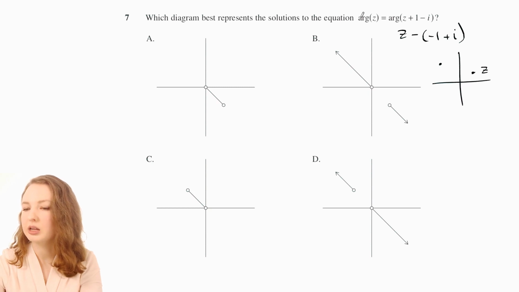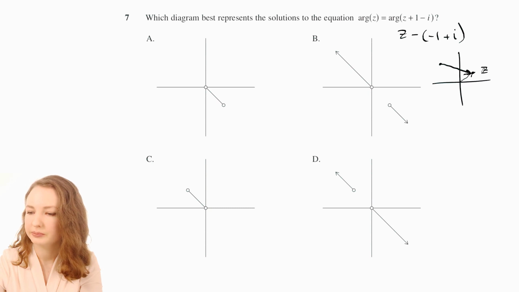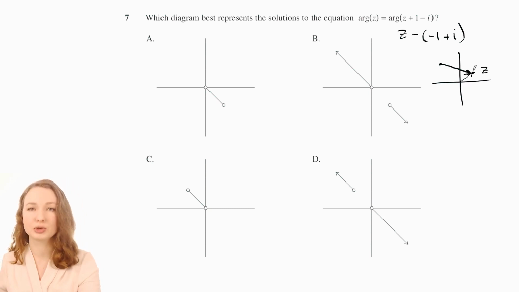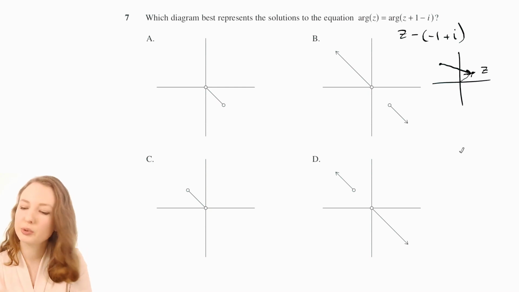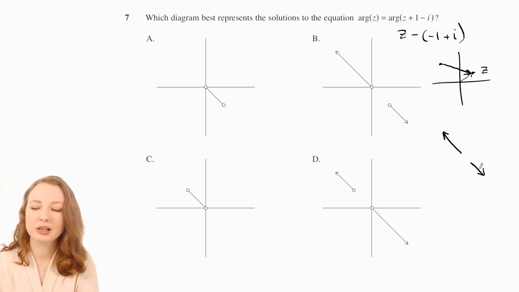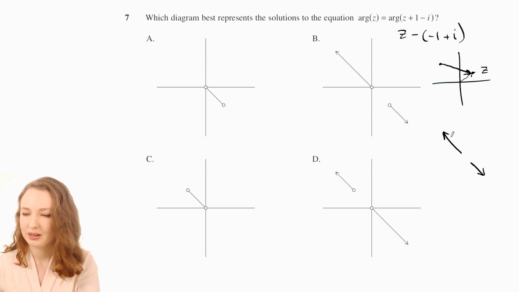It's saying the argument of z, the direction of that, has to be the same as the direction of this, which is from that point to z. So we want those two arrows to be parallel and pointing in the same direction. Because if they're pointed in opposite directions, then the argument of this one is going to be like pi plus the argument of that one, so that's not going to work.